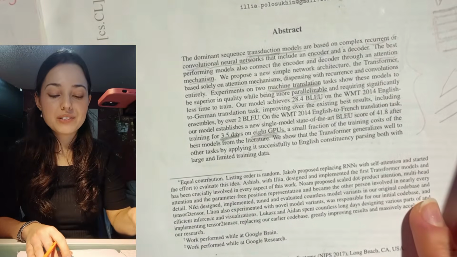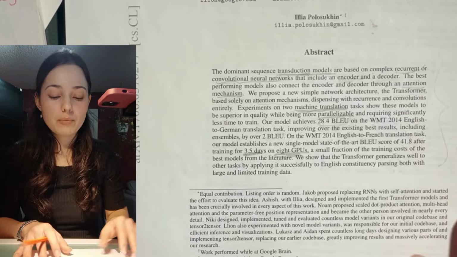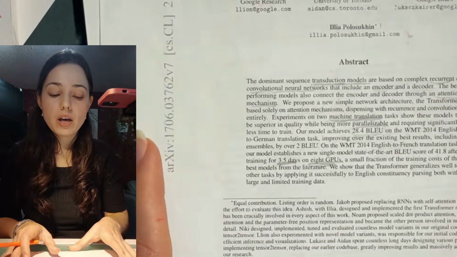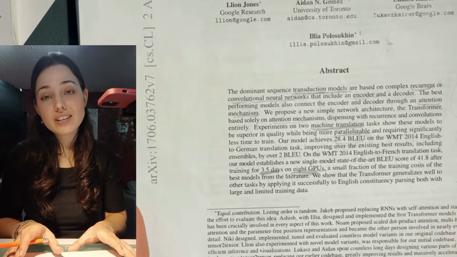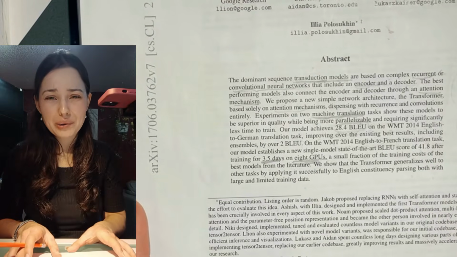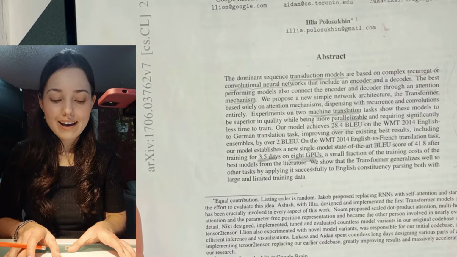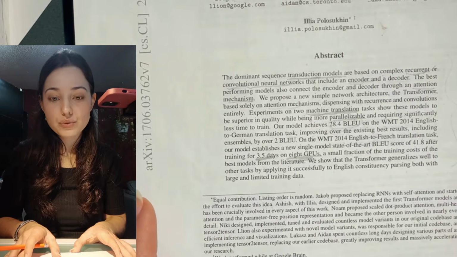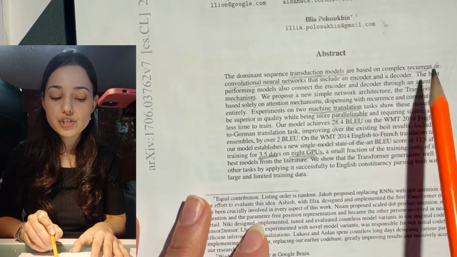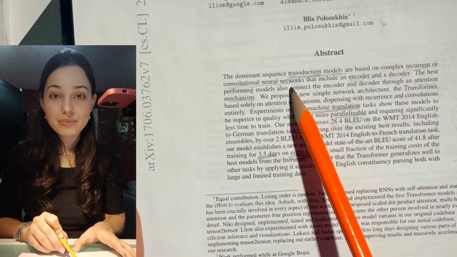Okay, so we've basically now read the abstract, which gives us an overview. So now we know that most transduction models are trying to tackle this problem of being not very accurate, requiring a long time to train, being slow, and previously were implemented using recursion or recurrent neural networks or convolutional neural networks, okay, in the past.